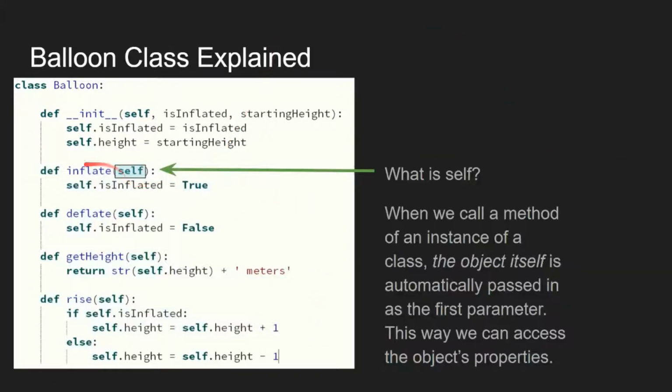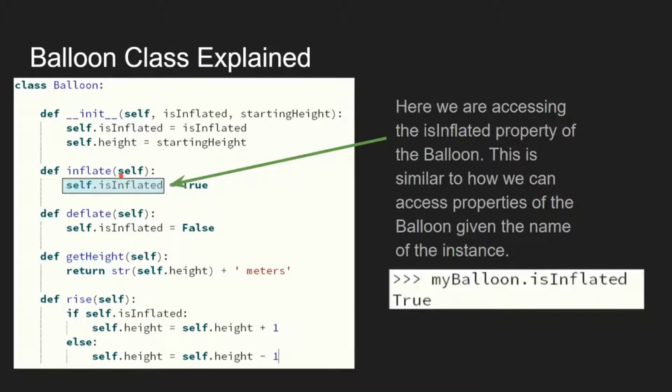So let's break down this first function here, just as a sort of mini review and also introducing us to new concepts. So what is this self that keeps popping up in the class? When we call a method of an instance of a class, the object itself is automatically passed in as the first parameter. This way we can access the object's properties. So here we're accessing the isInflated property of the balloon.